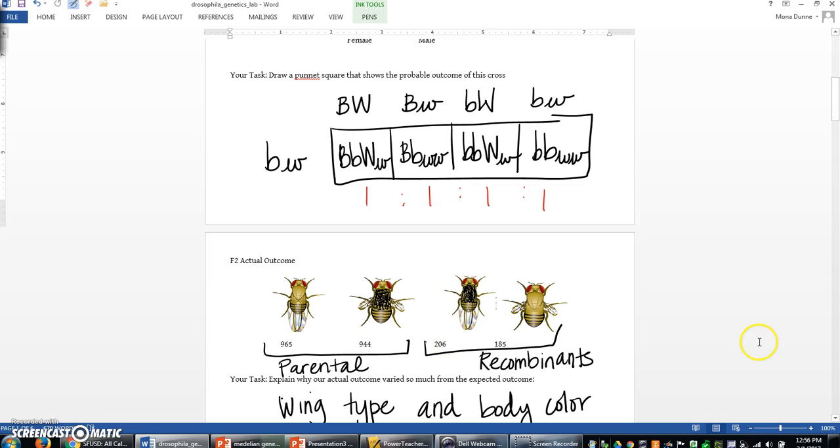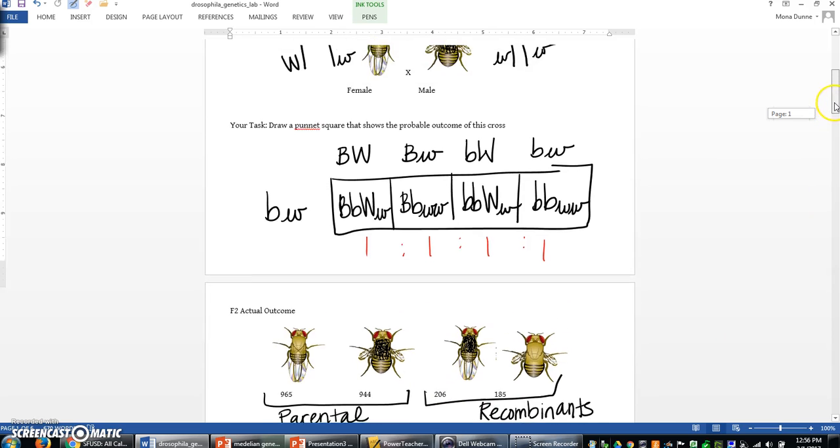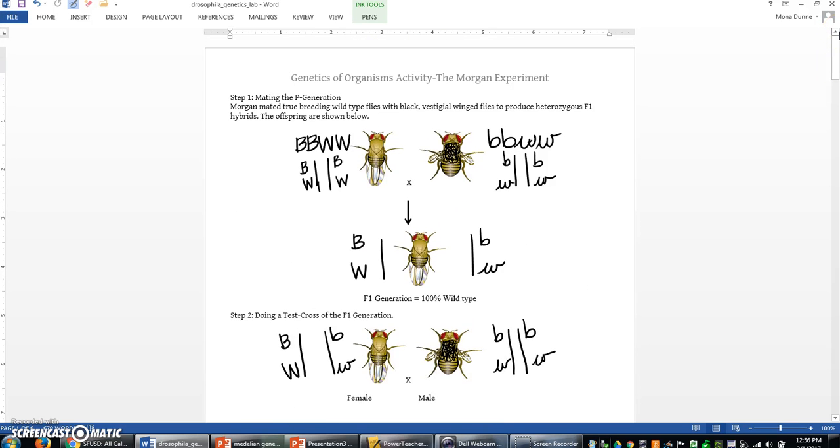To review, we went back up and looked at the chromosomes. Remember, you have 2 copies of each allele, one from your mother and one from your father. So this one right here had 2 chromosomes, both with brown information for the body color and normal wings.